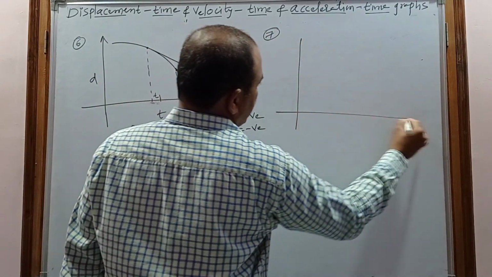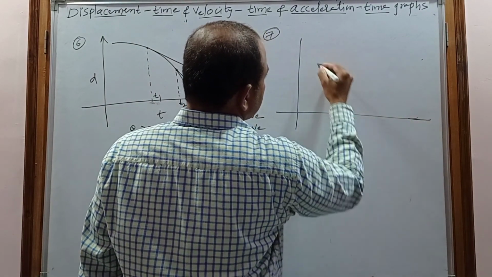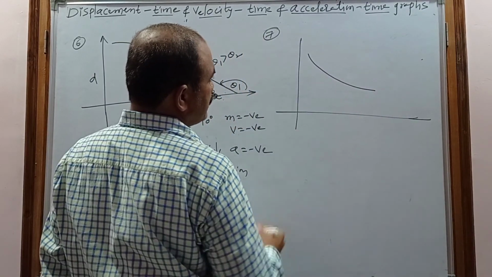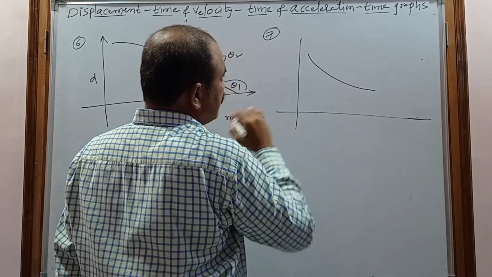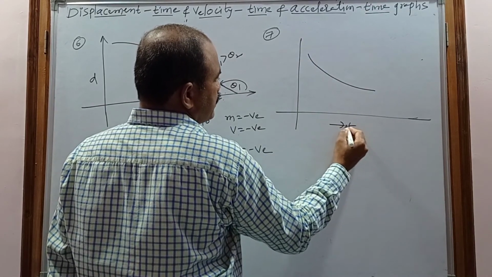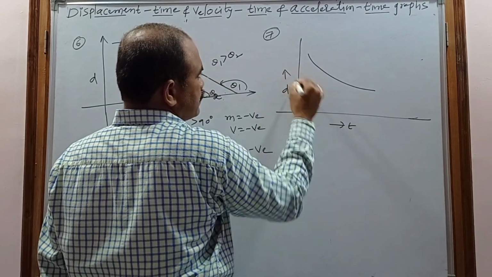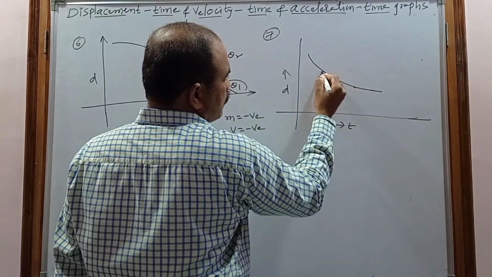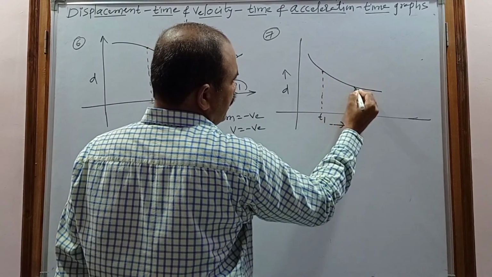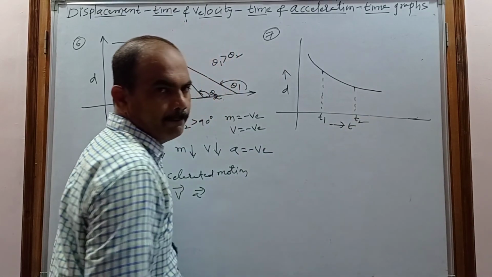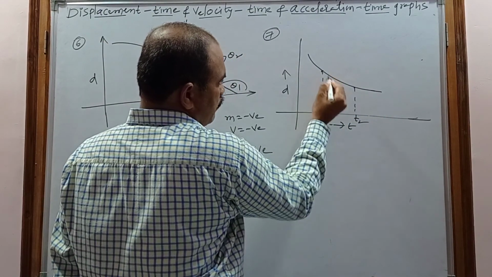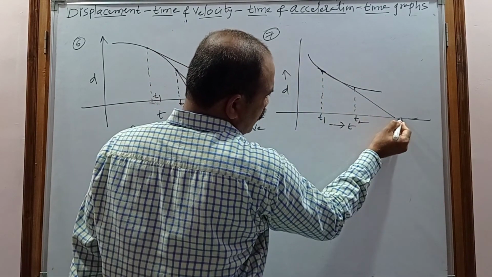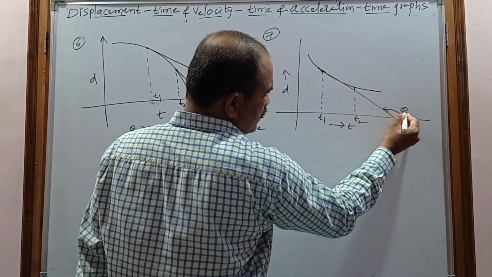The displacement versus time graph will be like this, taking time on the x-axis and displacement on the y-axis. Again to explain that, I am taking two points: one at time t1 and one at time t2. At t1, when I draw the tangent at this point, consider the angle it makes to be theta 1.